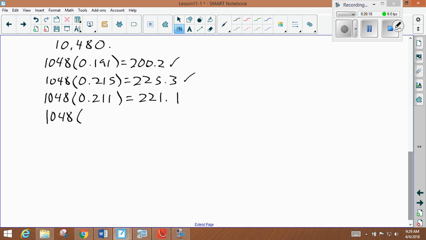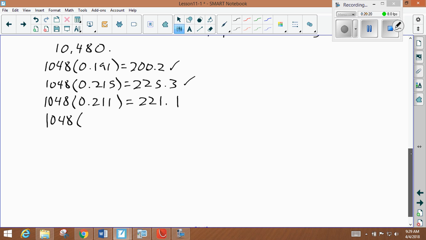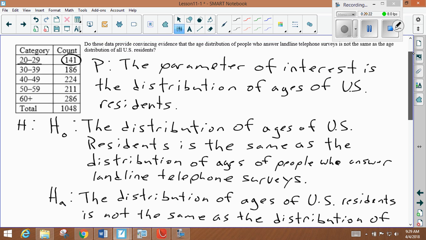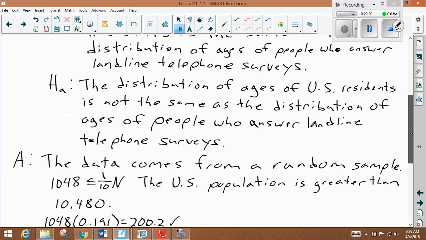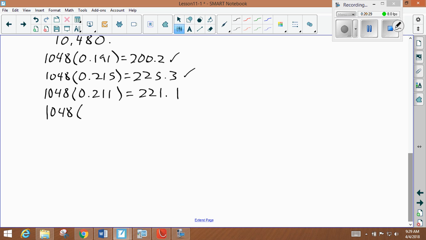All right, last one. No, we got the 50s now, right? What about our guys in their 50s? That was 15.5%, so 0.155, which gives 162.44.